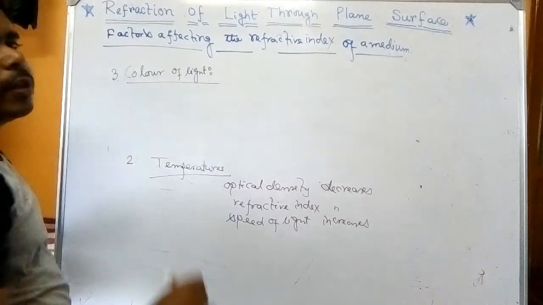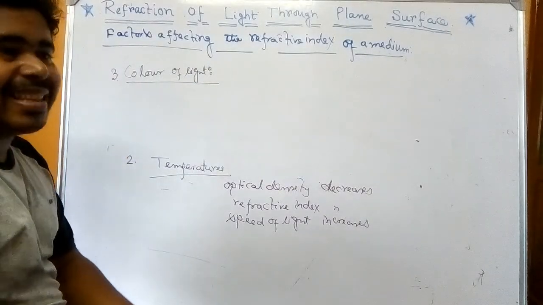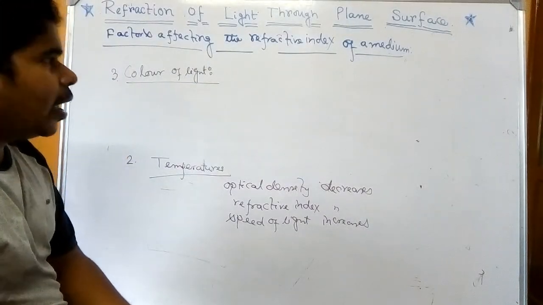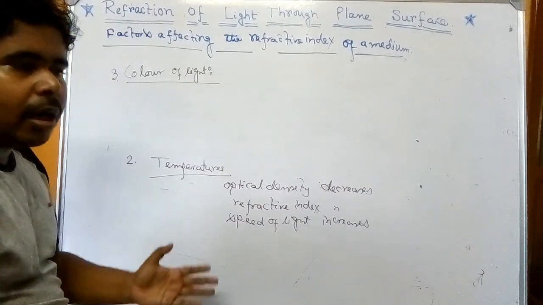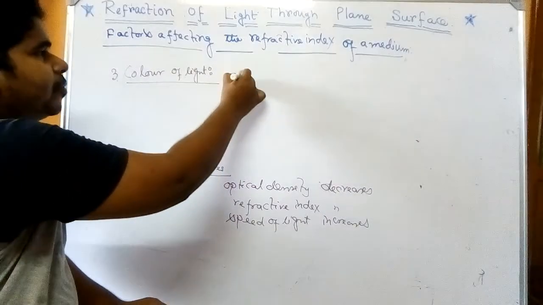Color of light, what is it? We know there are 7 colors, and when they are combined together, we get white color.